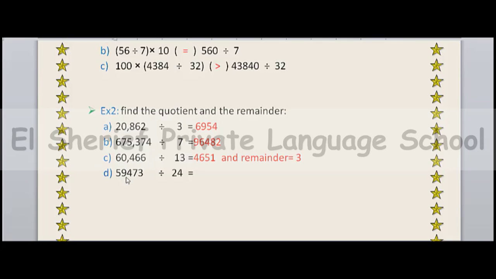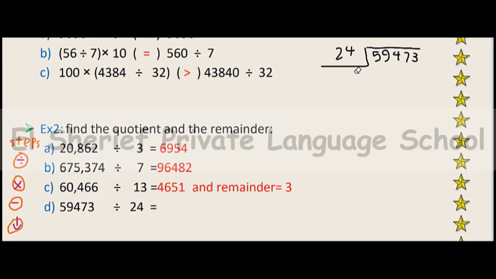Letter D, 59,473 divided 24. By using linear division, we start from 59 because we have a 2-digit divisor, so we also start with 2 digits in the dividend.